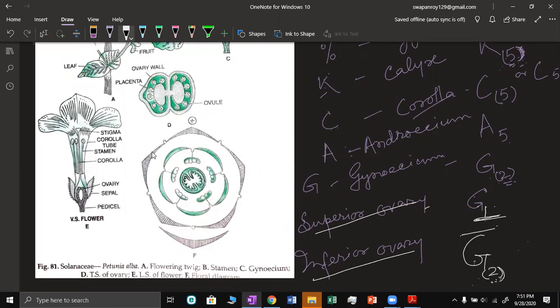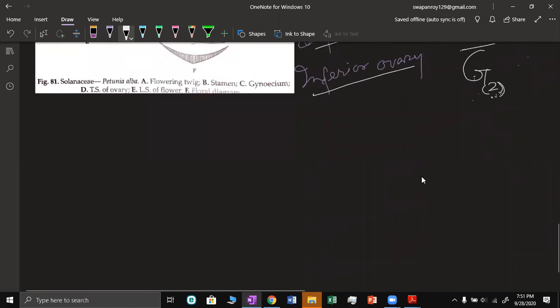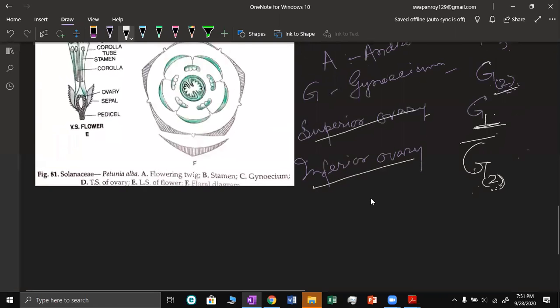So this way, in this flower, this is a hypogynous flower. Hypogynous flower, ovary is superior, so we draw a line below this G. Sometimes one organ is united with another, say in this case the stamens and petals.